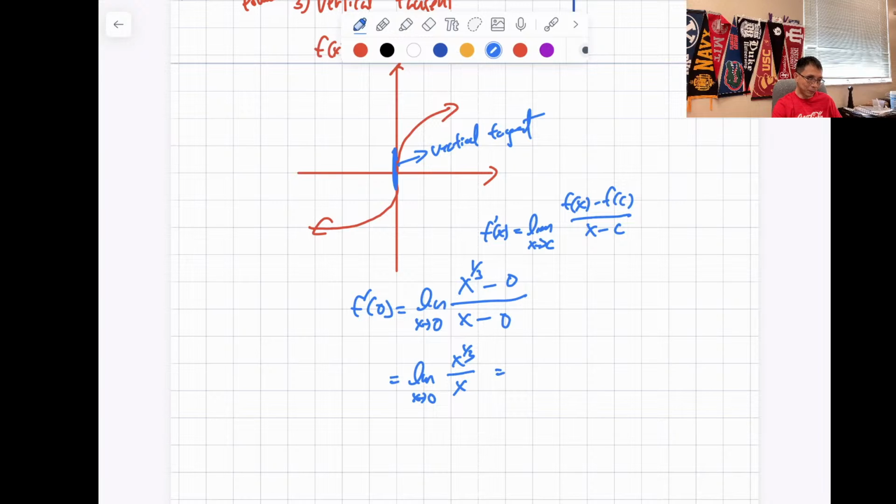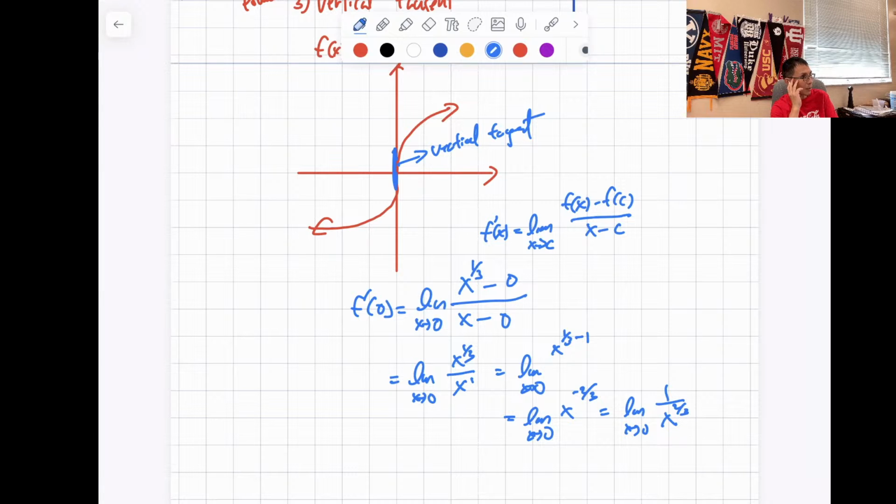That simplifies to the limit as x approaches 0 of x to the 1/3 minus 1, which is x to the negative 2/3, which is the limit as x approaches 0 of 1 over x to the 2/3.